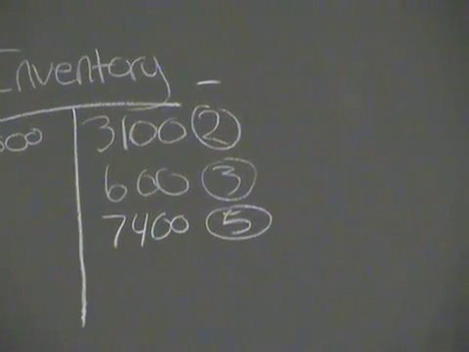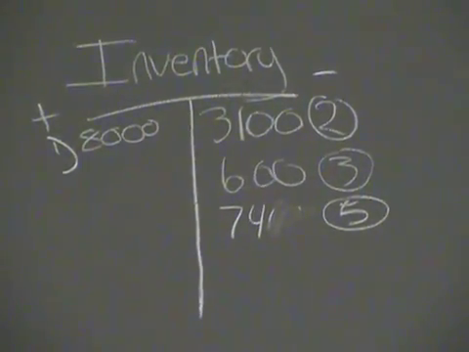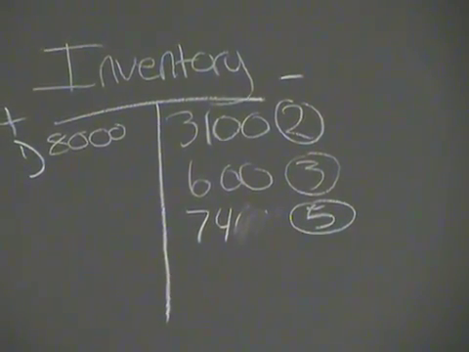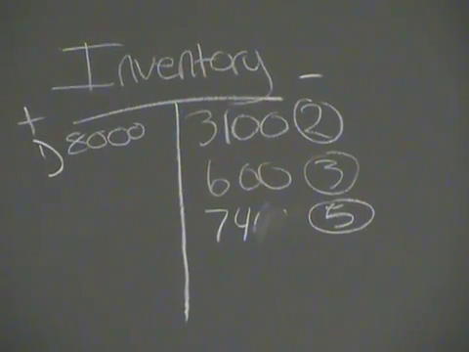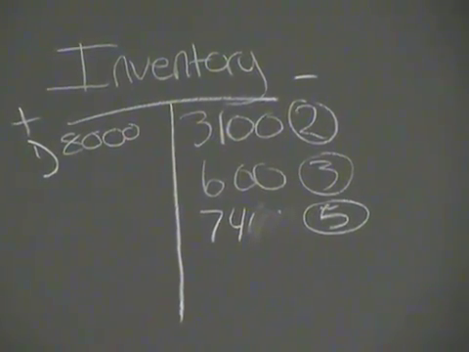Now wait a second. Inventory didn't decrease 7,400. Oh, $74. So by decrease, now look at that inventory T account. Look at 8,000 minus 600 minus 74. What do you think that equals?